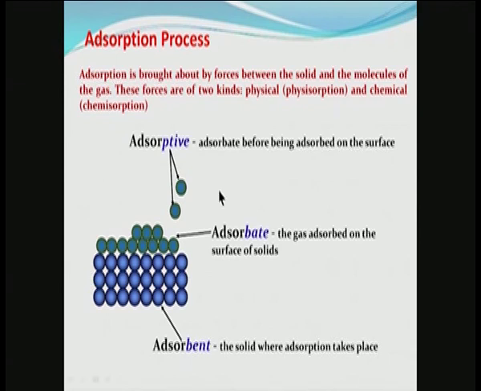Terminology is important. So, what you have is a surface over here, solid surface on which adsorption takes place. Therefore, it is called the adsorbent. Adsorptive is the adsorbate material, that is the vapor or gas material, before it is adsorbed on the surface. When it is adsorbed on the surface, it becomes the adsorbate. So, this is gas or vapor adsorbed on the solid surface.